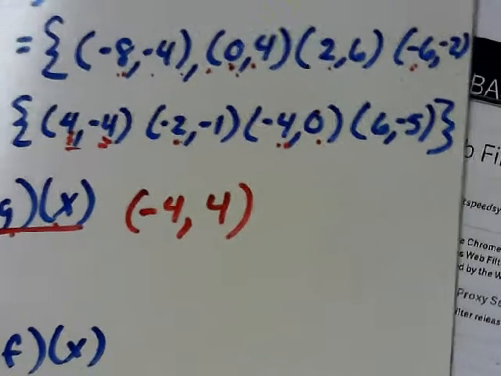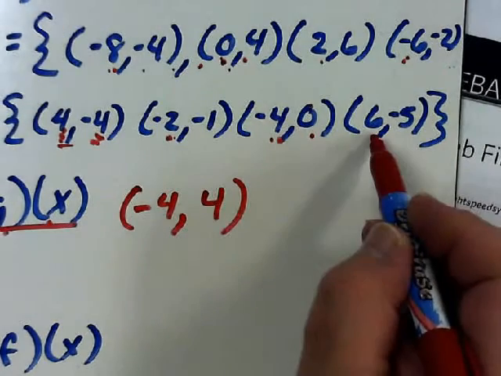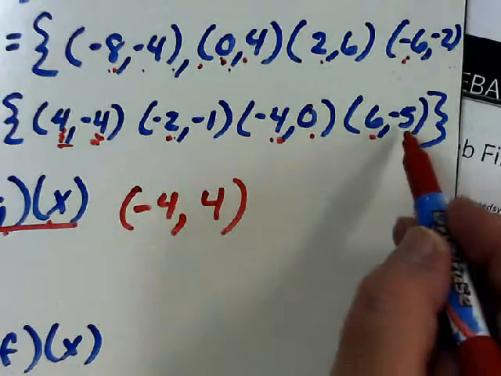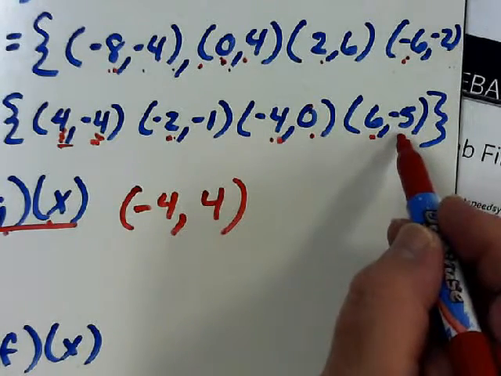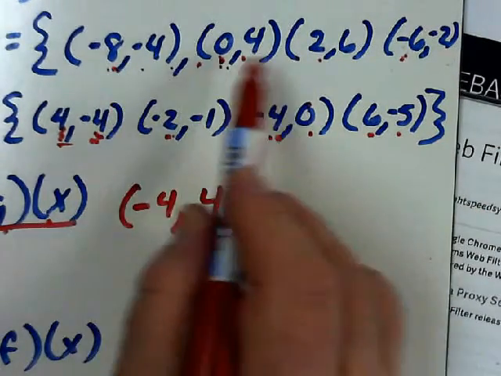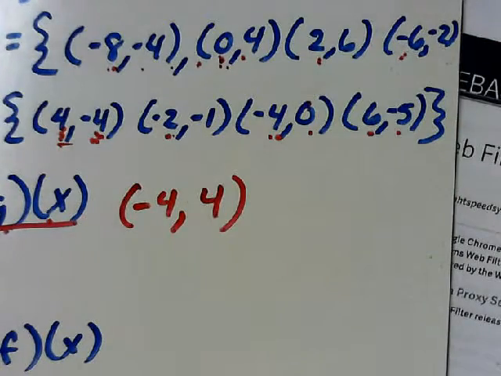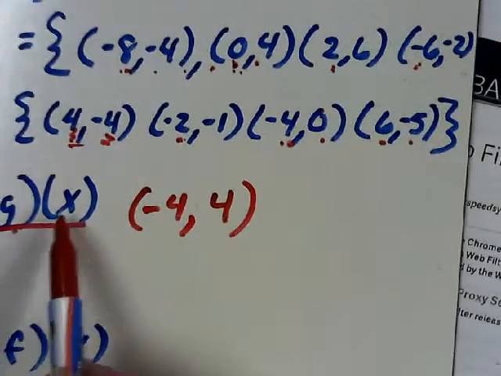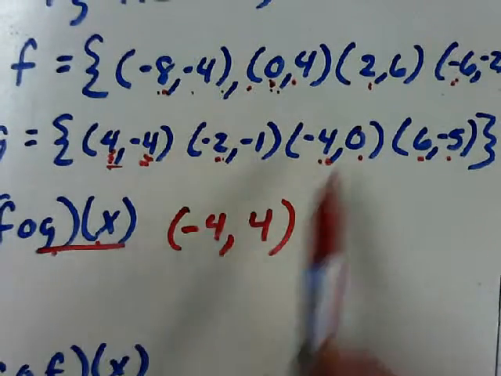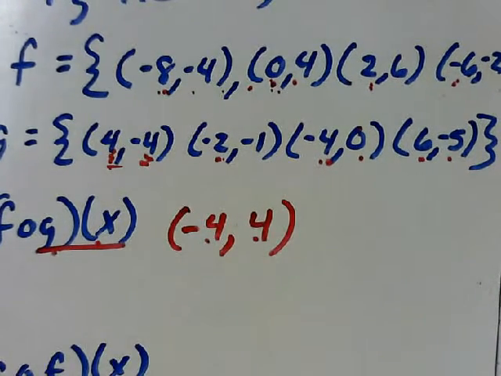Okay. Going to the 6. 6 ends up being a -5. Is there anyone up here that has a -5? So the only f of g that exists out of this whole thing is (-4, 4). Right?